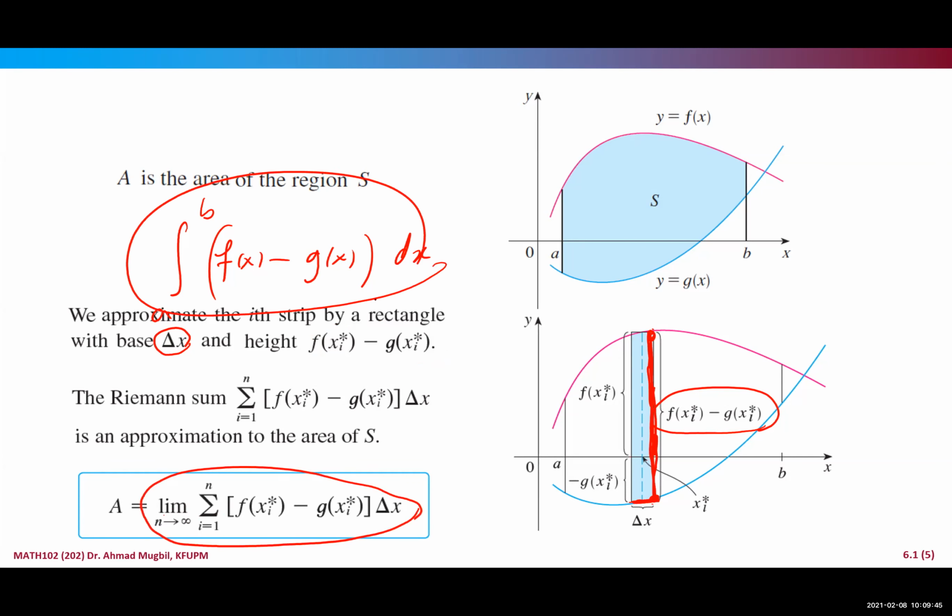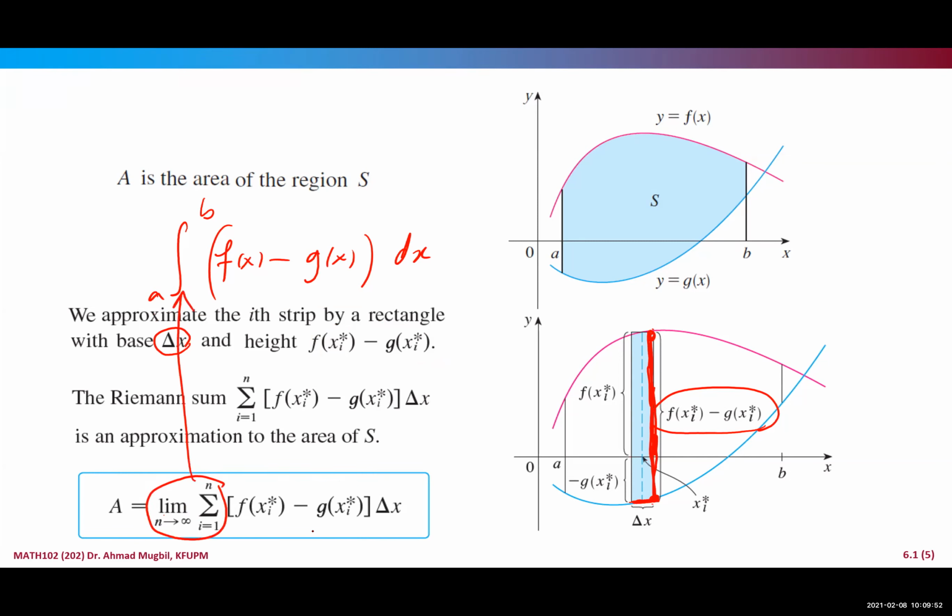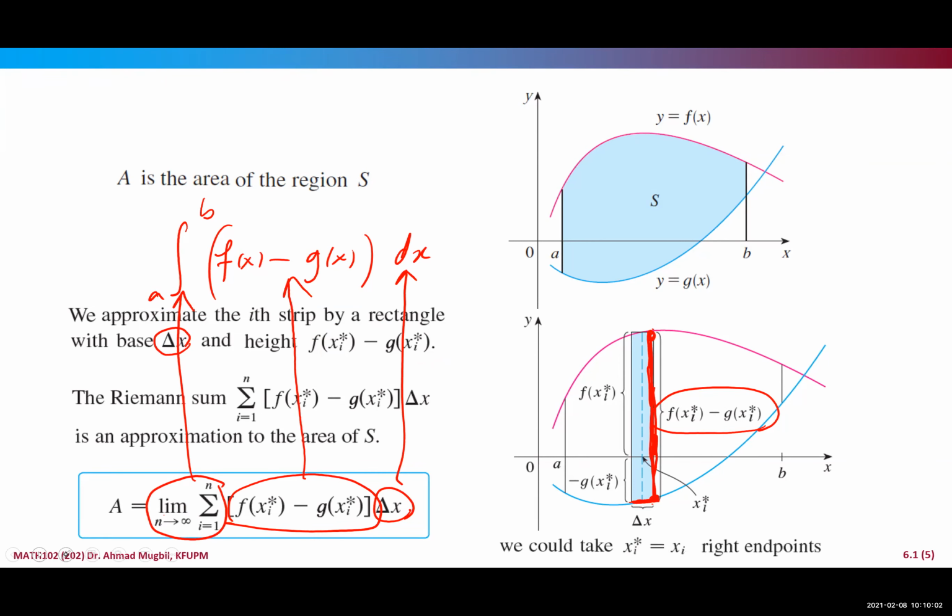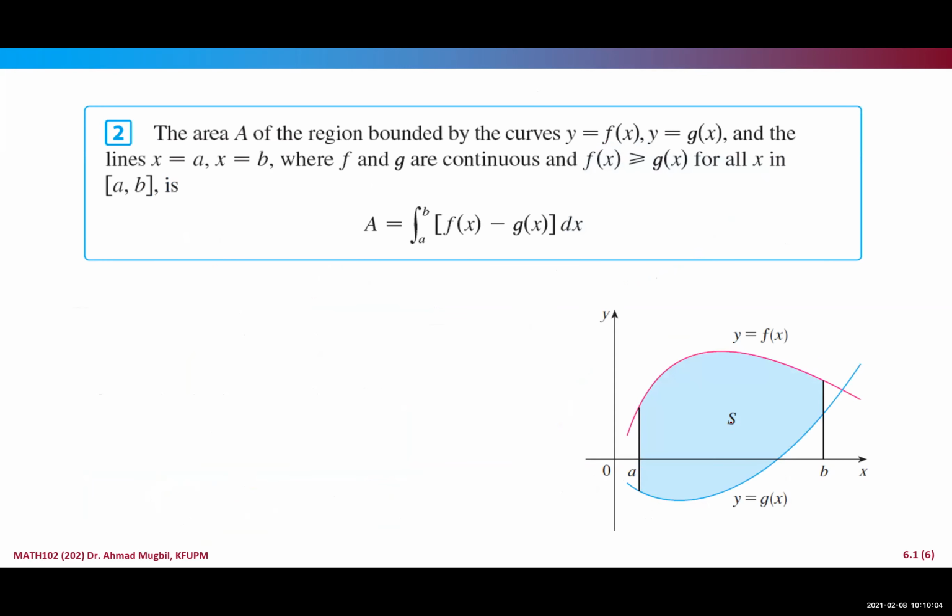Here it is. These two are the integral. And this one, f minus g and delta x, is here dx. So by the definition of the definite integral, we have the following. If you have a region bounded above by f and below by g, and from the right and from the left by two vertical lines, x equals a and x equals b, then it is so easy to find the area: just integrate f minus g from a to b.